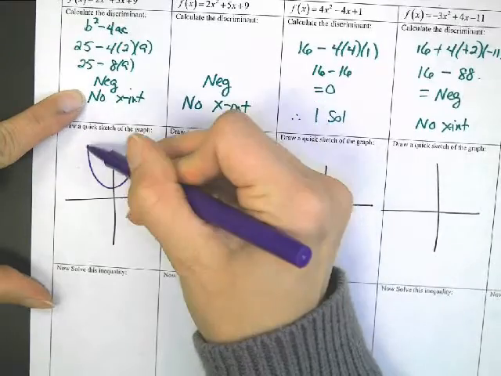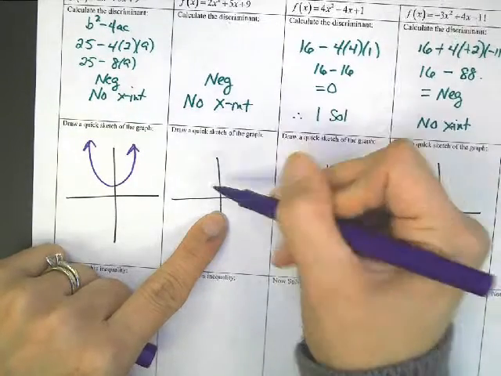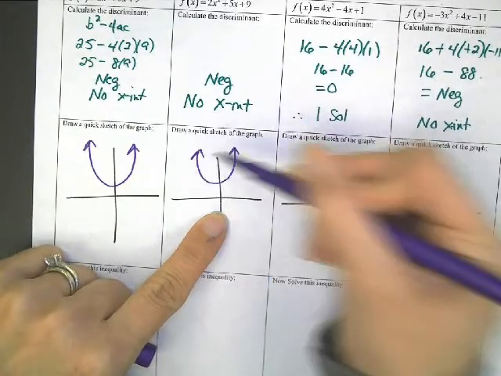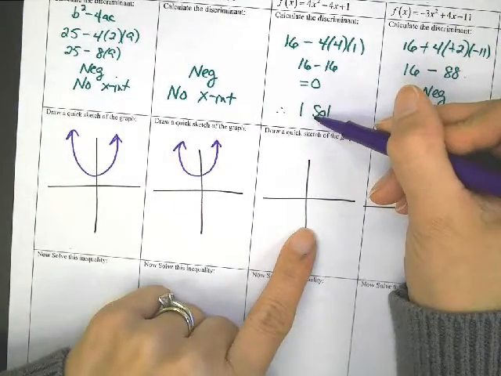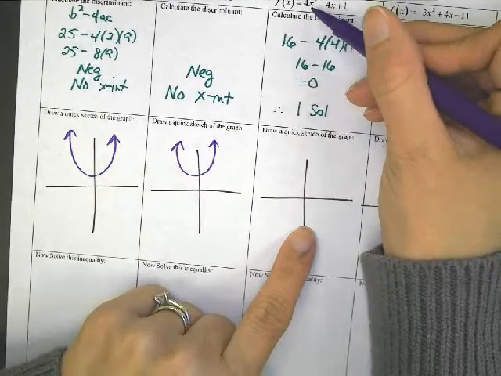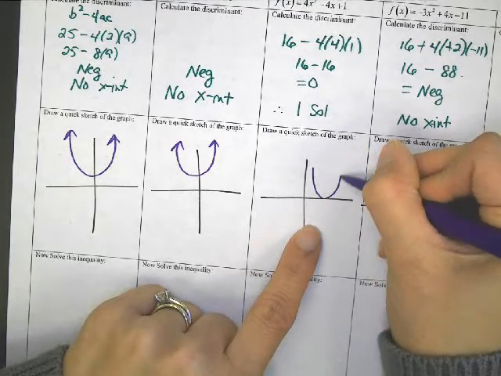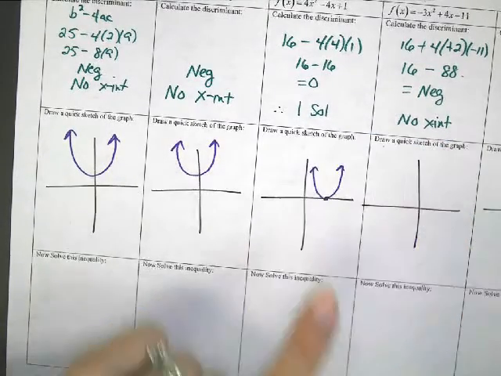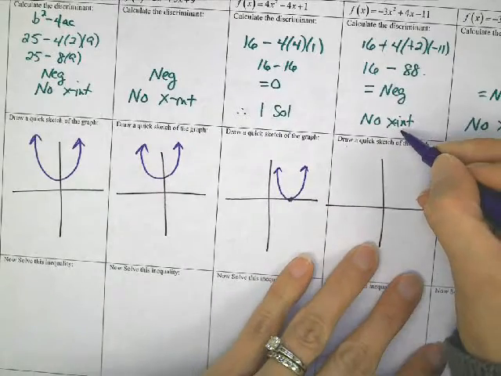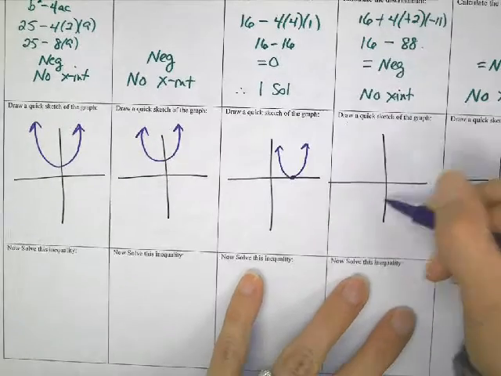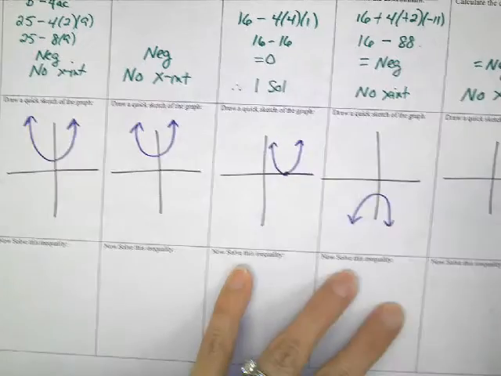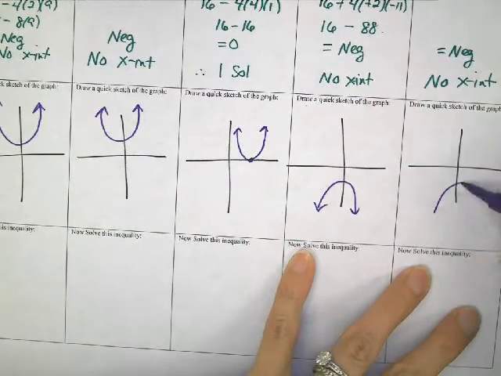Looks like this. This is the same one. No x-intercepts, parabola opening up. One x-intercept, parabola opening up. So that means it's going to be touching one time. One touch. This is no x-intercepts, parabola opening down. Draw your parabola down here. Same one. Draw your parabola down.